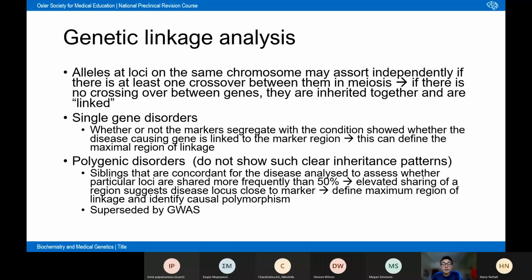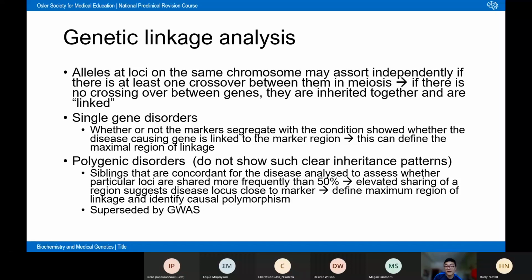For single gene disorders, to unravel them and elucidate their genetic basis, we use principles of linkage and linkage analysis and polymorphic markers to identify sites of mutations responsible for a given disease. To perform this, we genotype family members for a range of polymorphic markers across the genome, and whether or not the markers segregate with the condition can indicate whether a disease-causing gene is linked to that particular marker region.